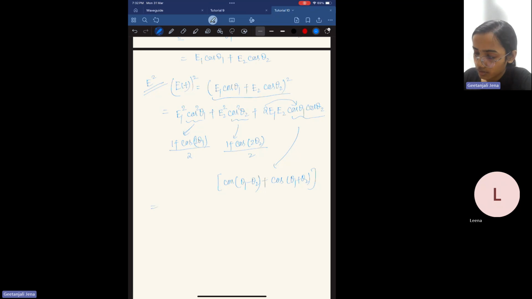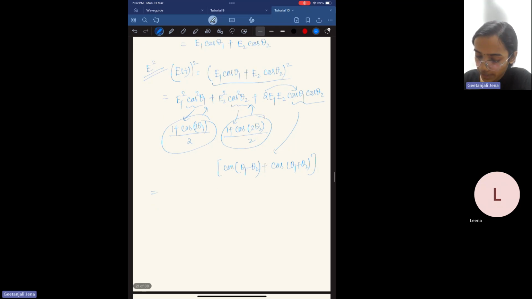If you put these terms here, I'm just writing the final expression. You will get (E1 squared plus E2 squared) by 2. This is the term where omega is 0.